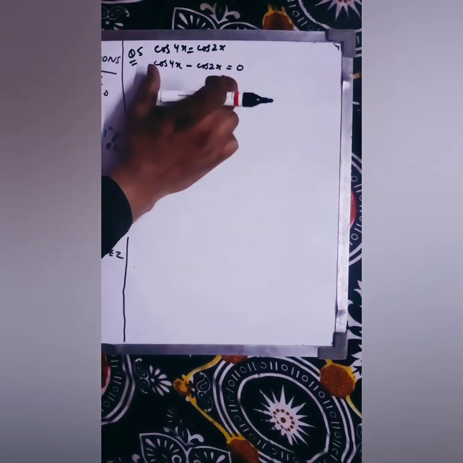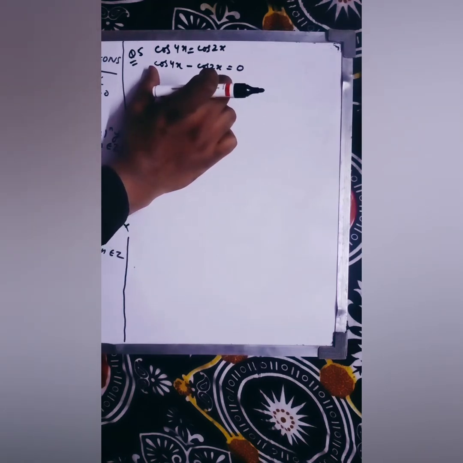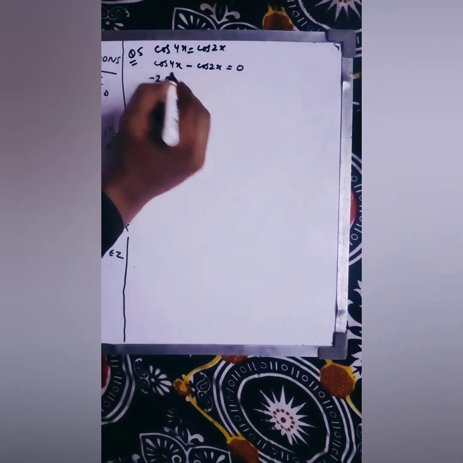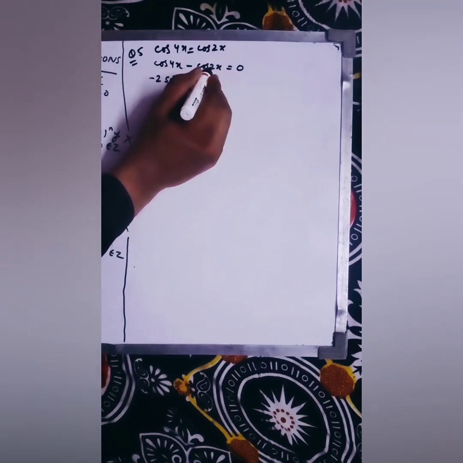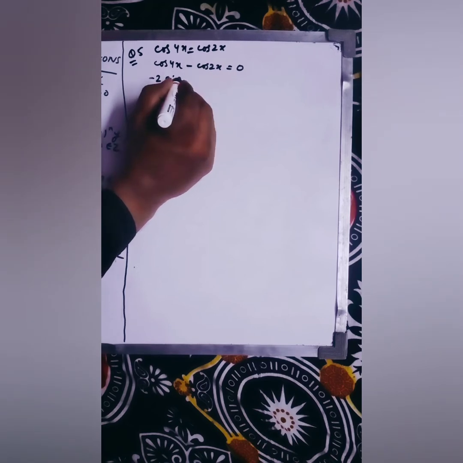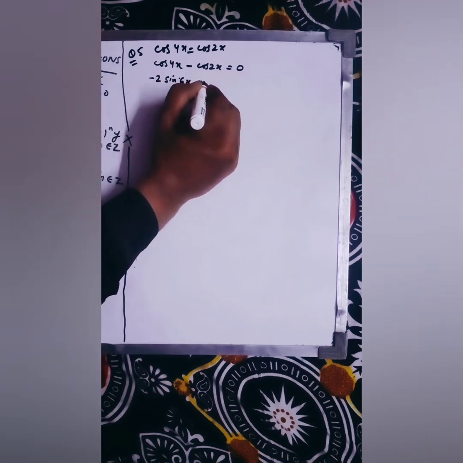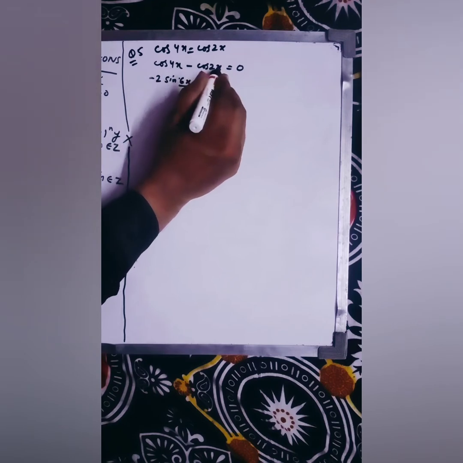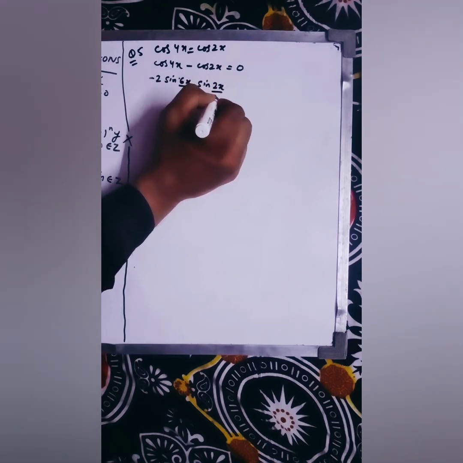Now in place of this, we have to apply the formula. The formula is minus 2 sin of (a plus b) upon 2. That means for 4x plus 2x, that will be 6x upon 2. And then sin of (a minus b) upon 2, that is 4x minus 2x upon 2, which will be 2x upon 2.